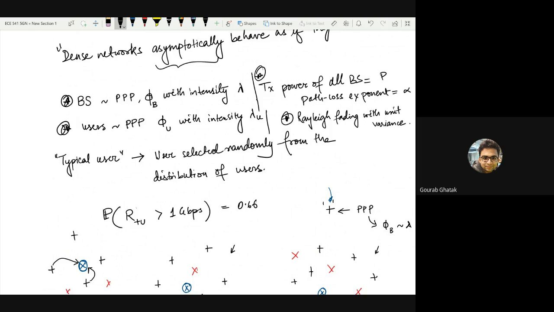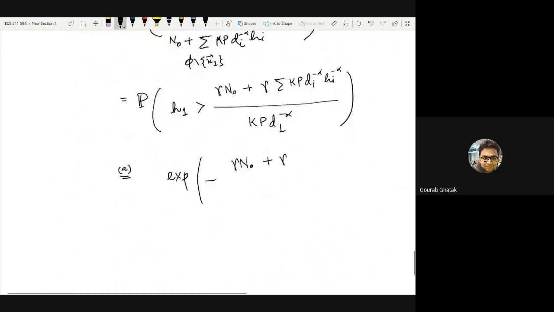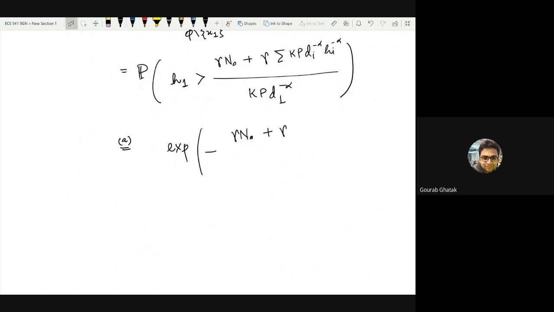So unit variance means the power has a mean of 1, which means we are dealing with an exponential random variable which has a mean of 1. So it simply becomes e to the power minus of whatever we are calculating rather than e to the minus mu of something, right? So this is simply the sum of K P Di to the minus alpha Hi.